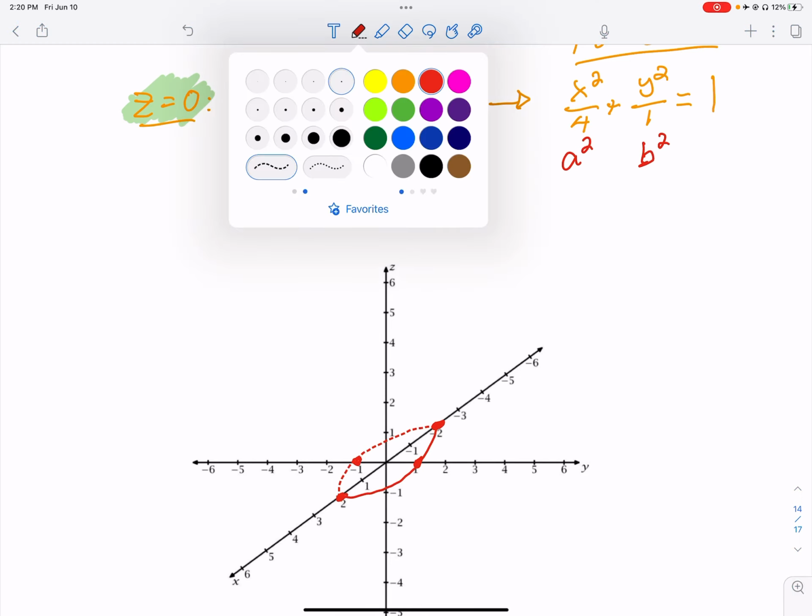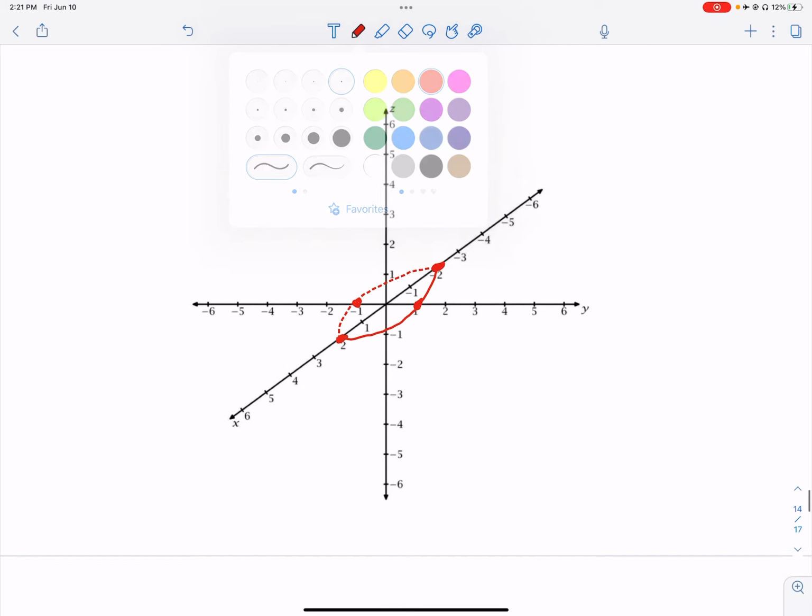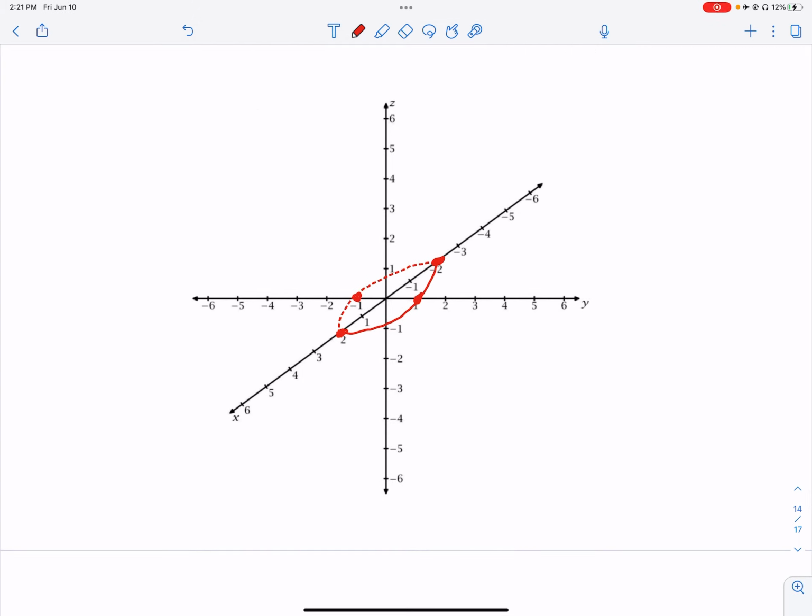I also know that it is shifted down 4 units. So I have this, it's a paraboloid, so it's a parabola. It starts down at negative 4. If it was shifted no units up, I would have 0, and then I would have picked another z that would have made a pretty ellipse somewhere else.